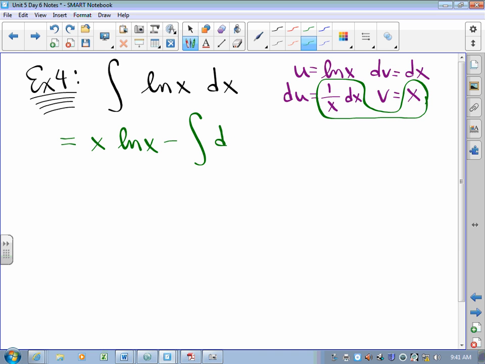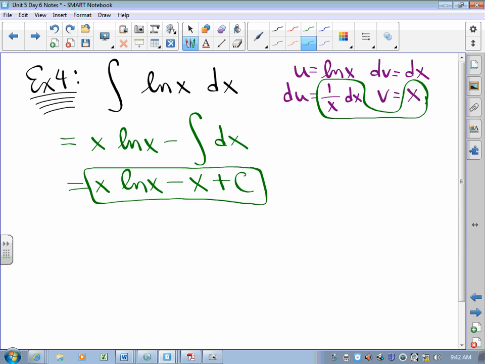Interesting, isn't that? uv minus, son of a gun. So it doesn't look like an integration by parts problem because you don't think of ln x times dx as a product, but it is.